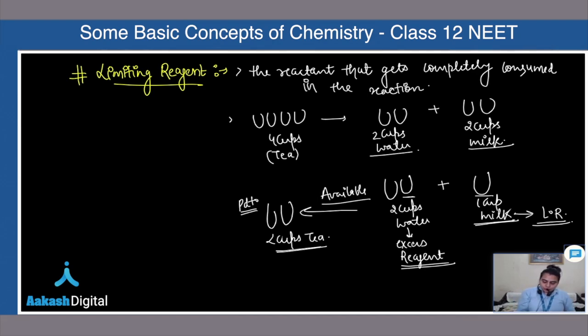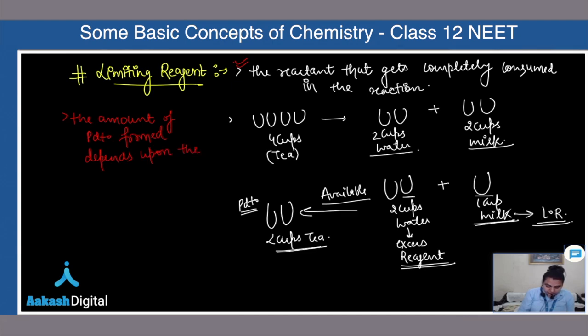Okay, so now note down the next step. These two will be very important. So the next would be: the amount of product formed depends upon the amount of limiting reagent and not upon the amount of excess reagent.